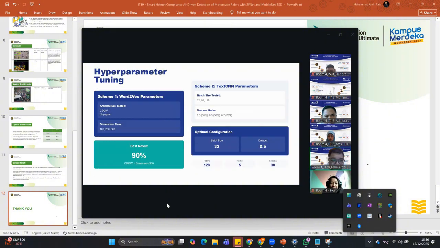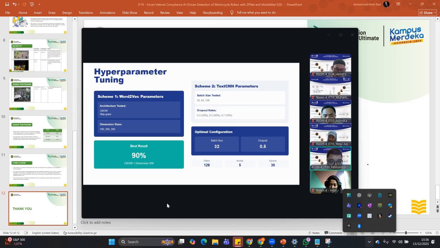For the hyperparameters, we tested batch sizes 32, 64, and 128. Dropout rates are 30%, 50%, and 70%. For the optimal configuration, we use batch size 32. Dropout is 0.5.